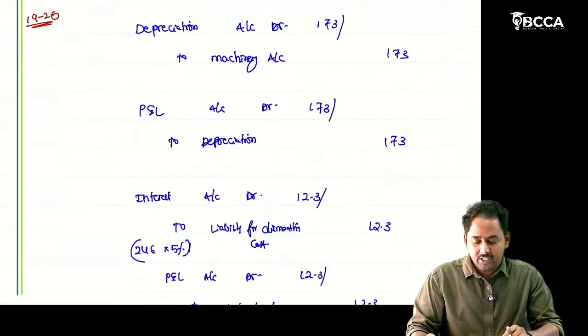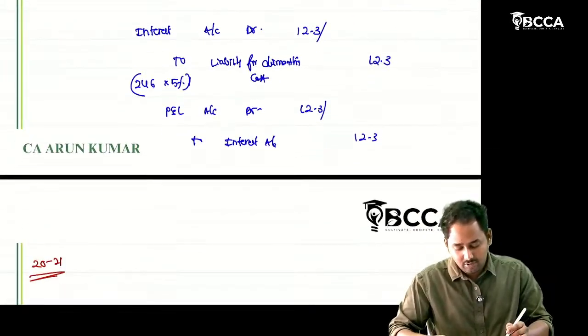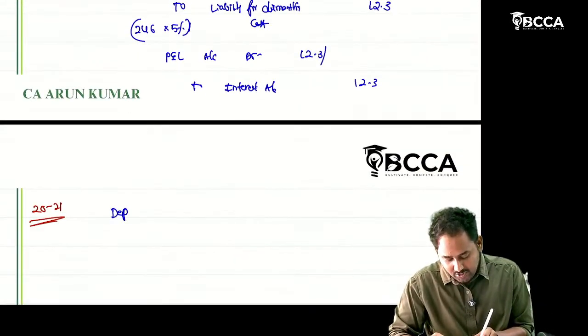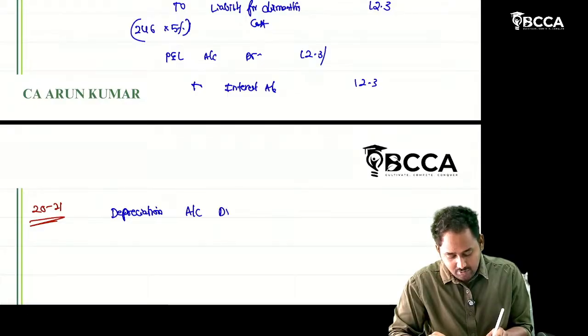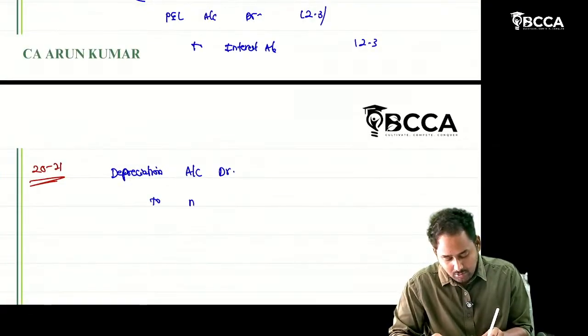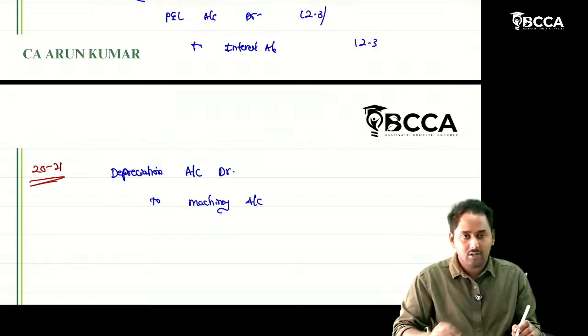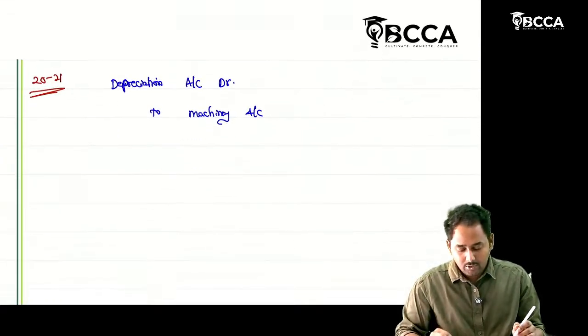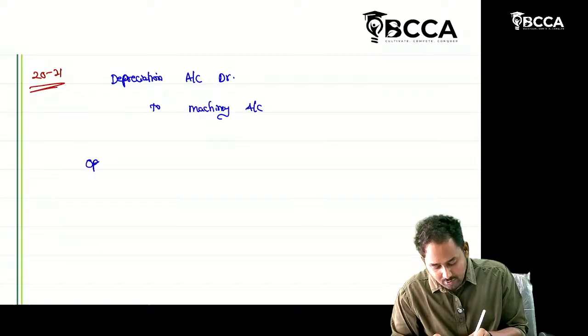So I should provide the depreciation entry again, right? Depreciation account debit to machinery account. But I don't know what the depreciation for 2021 is. So for this I need to find out the opening carrying amount.